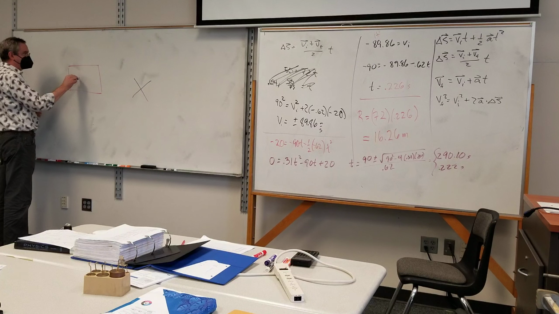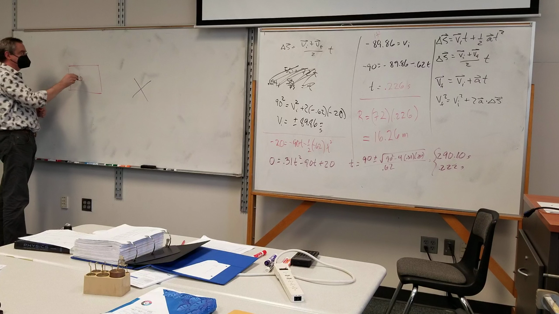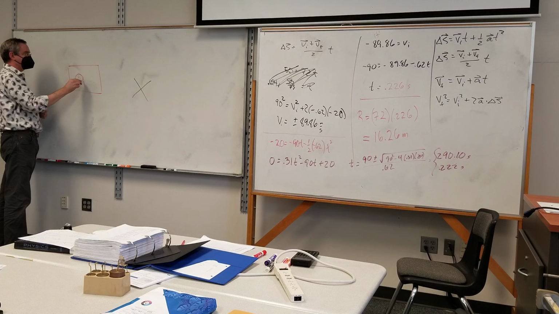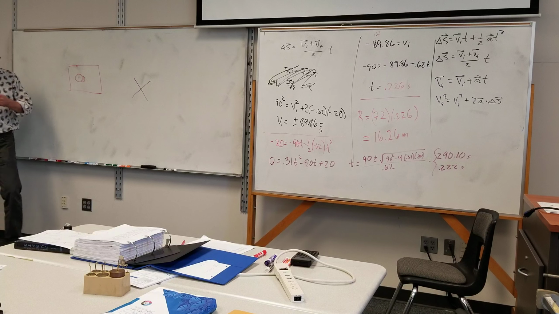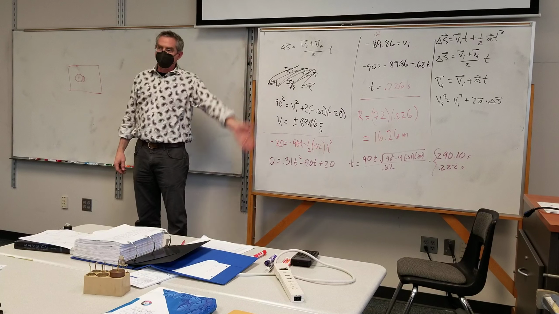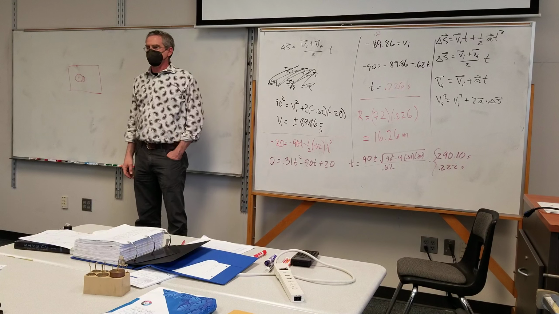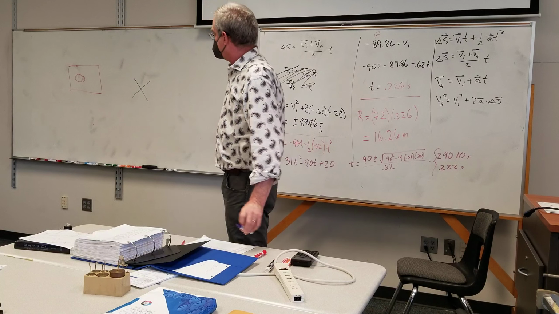I'm standing here, and I'm going to swing it around in this direction. And the X is somewhere around there. So from a point of view of communicating, 12 o'clock, 3 o'clock, 6 o'clock, classic clock face. Where do I need to release it in order to hit the X?